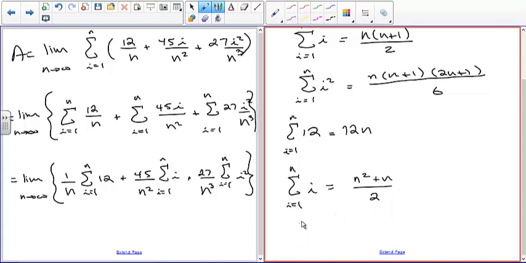And then the third one, i squared. So what happens is you get n squared plus n, that's multiplying this by that. And then you multiply by 2n plus 1, and then you divide by 6.